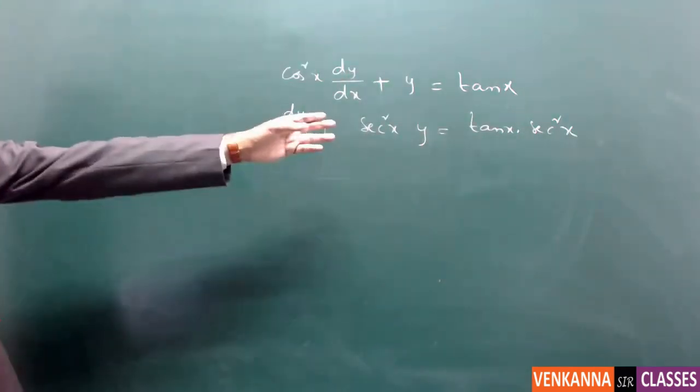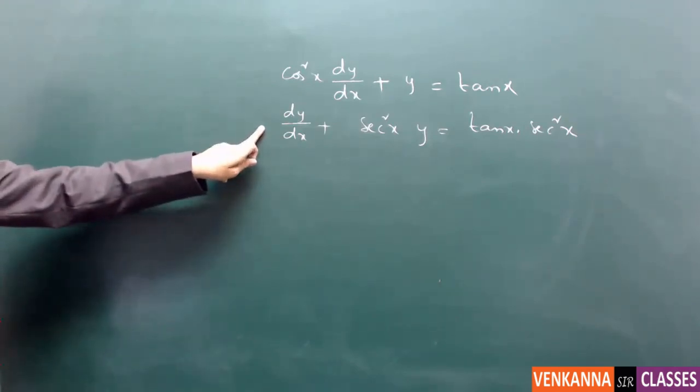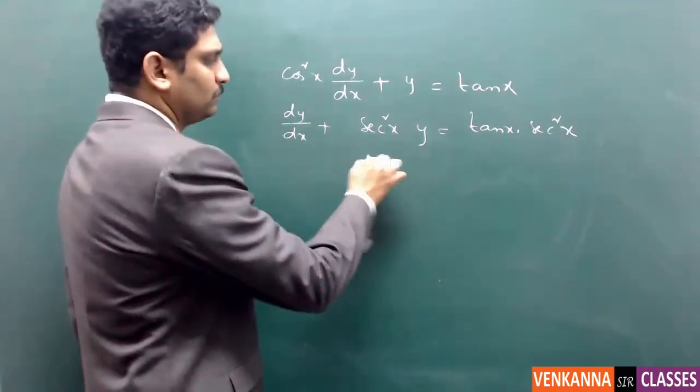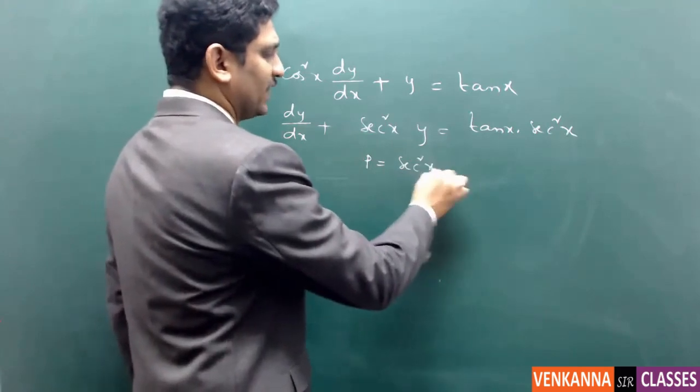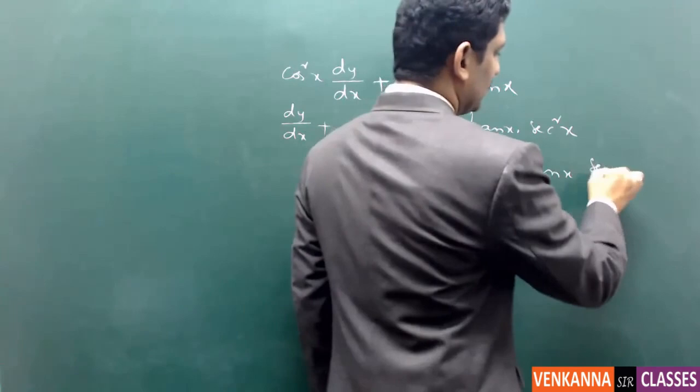Or you can simplify on the right hand side also, no problem at all. Now what happens if you compare the given equation with the form, p is equal to secant square x and q is equal to tan x into secant square x.